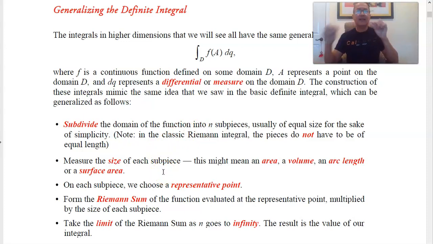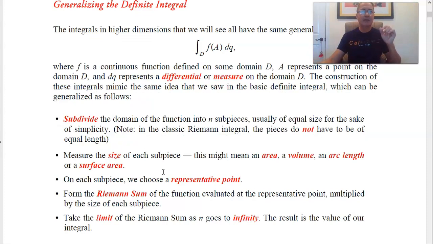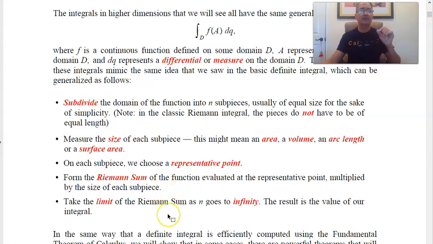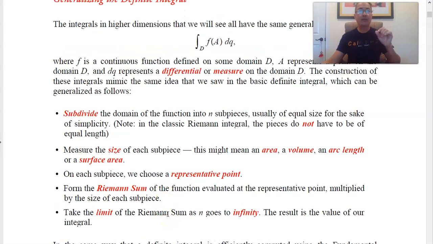How big is one of these tiny subrectangles? Within each subpiece, we are going to pick a representative point. Where will we plug in? What will we plug into our function? Then what are we going to do? We will form a Riemann sum. We will take the value of that function at the representative point, multiply it by the size of each little piece, and then add it all up.